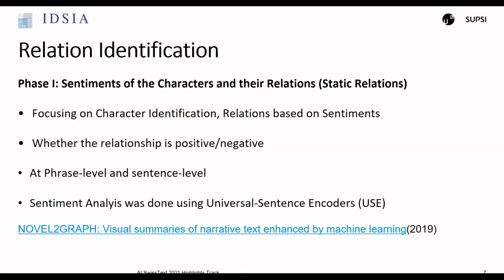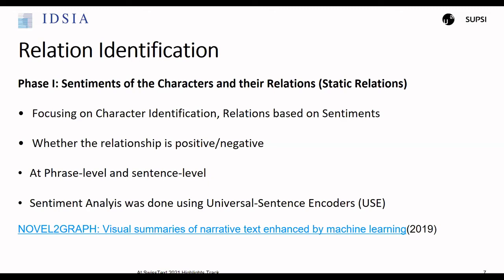To identify whether a character's role is positive or negative, we extracted the phrases where the character name occurs. To deal with the relationship, we extracted the sentences in which the character names co-occur. And we did a simple sentiment analysis using the Universal Sentence Encoder.